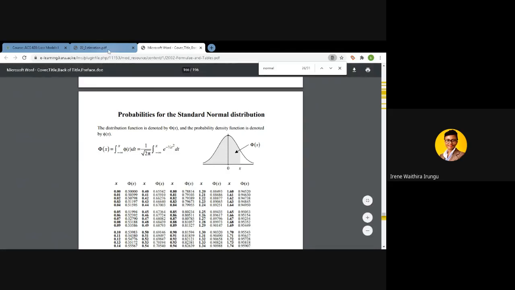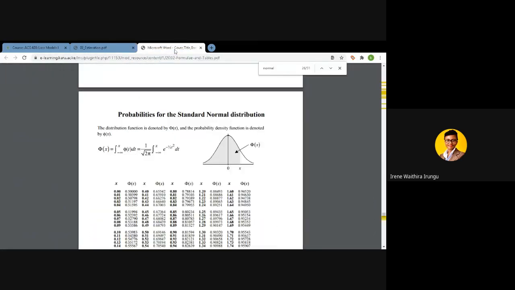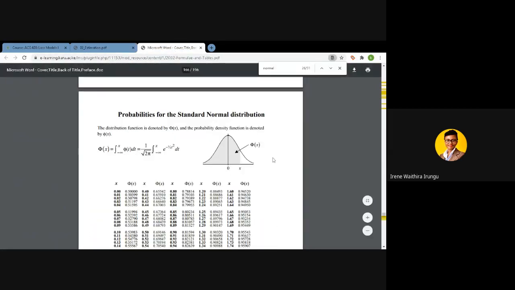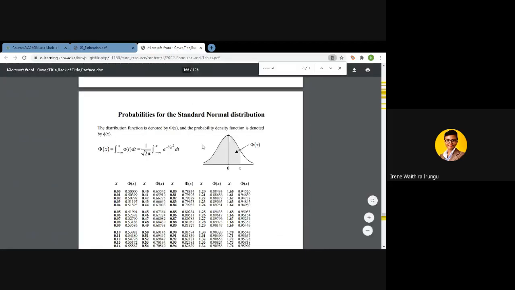But our interest is on greater than. So our interest is on this unshaded area. If we are evaluating the probability of z being greater than 2.025, and we assume that 2.025 is at this point, then we want to seek this unshaded area.